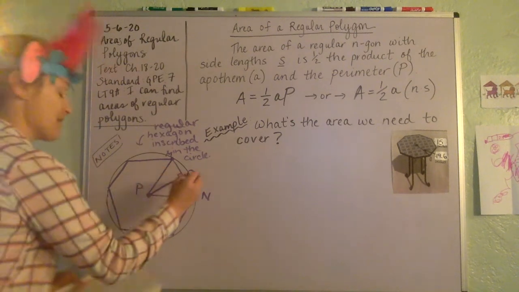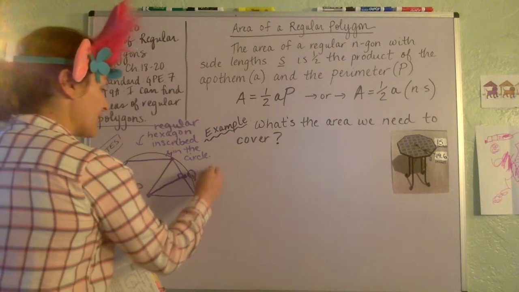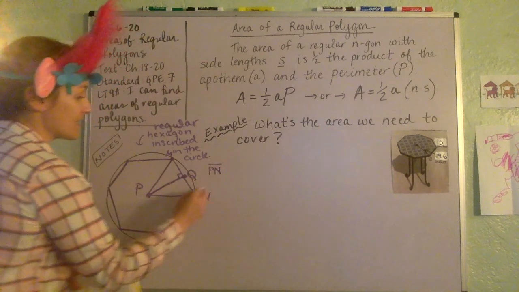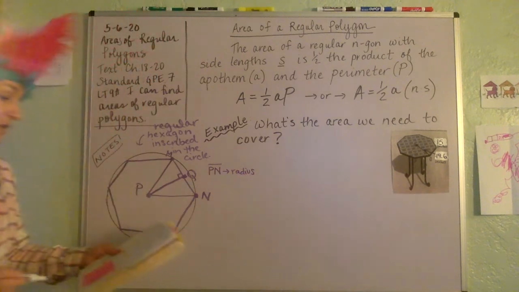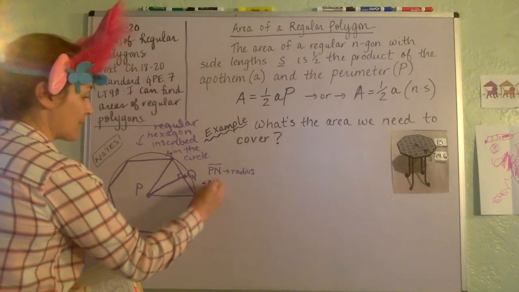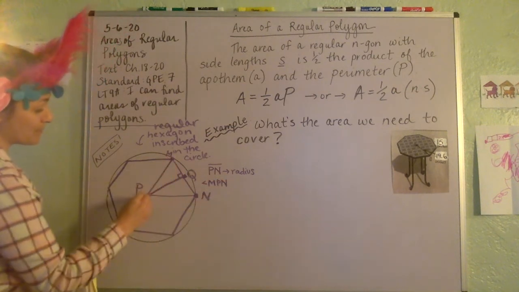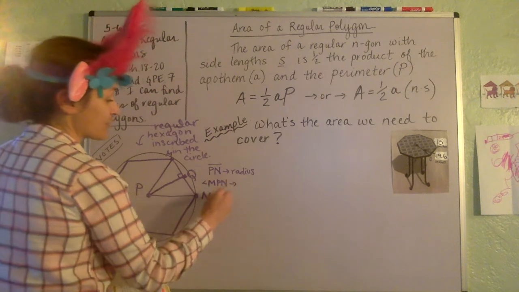So a couple of things. First of all, PN, from P to N, is of course a radius. The measure of angle MPN, so M to P to N, this whole angle right here, is a central angle.